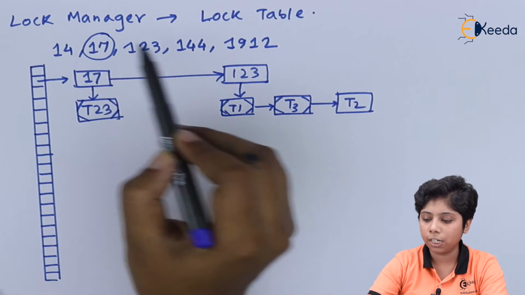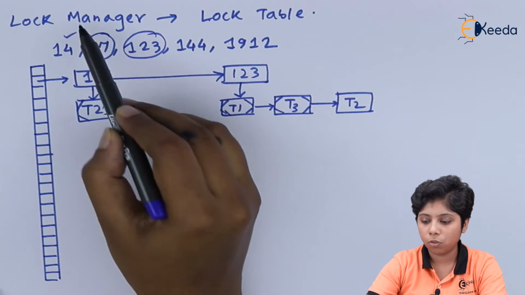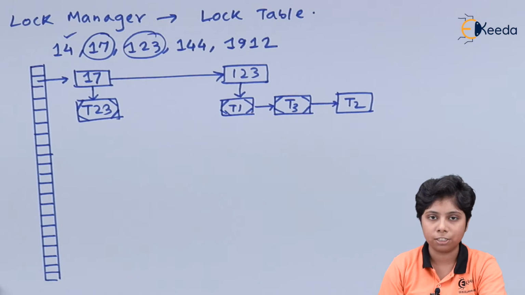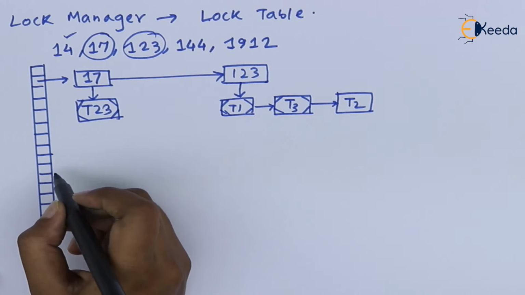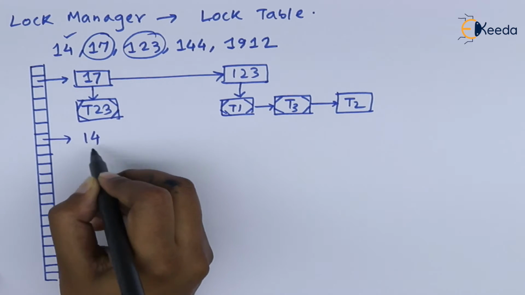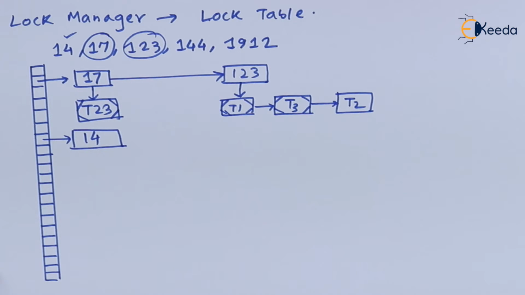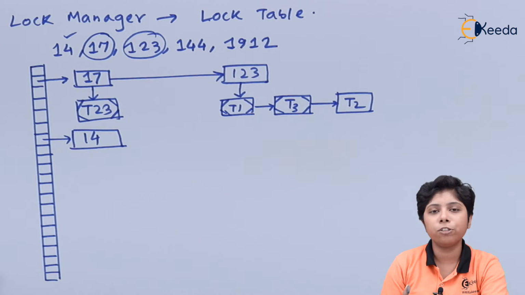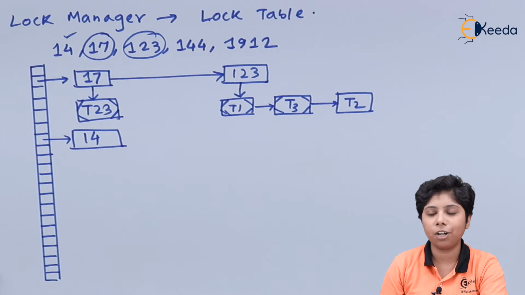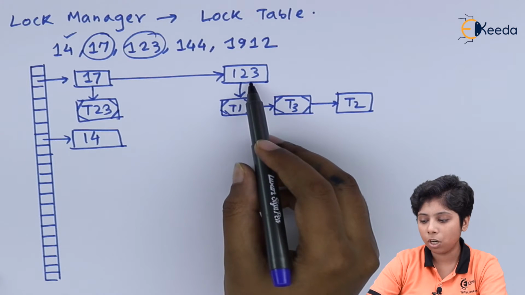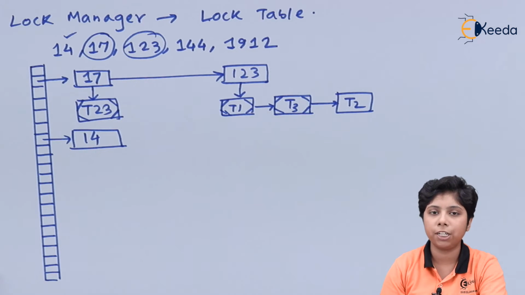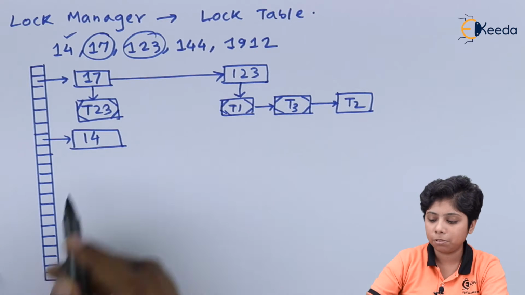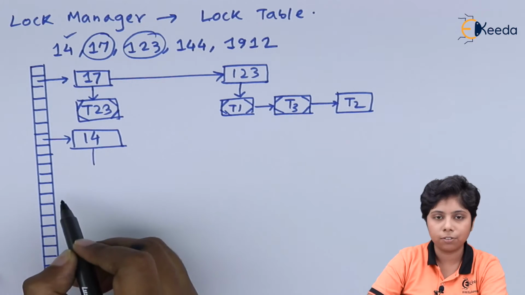Now say 14 is arriving. So we can have 14 as a new insertion. Say 14 has also been acquired and locked by T1. That means the transaction T1 can have that particular data item 123 on an exclusive lock and also the particular data item 14 on an exclusive lock.